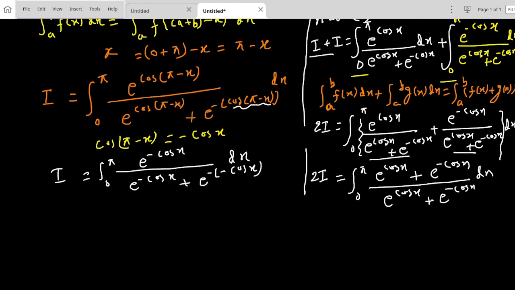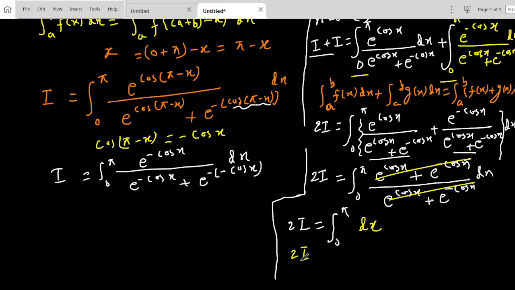Now further we will simplify this. So 2I is equal to the integral from 0 to pi. We can see that numerator and denominator are the same, so we are going to cancel out. Left is 1, so dx. 2I would be the integration of dx, which is x, from 0 to pi.